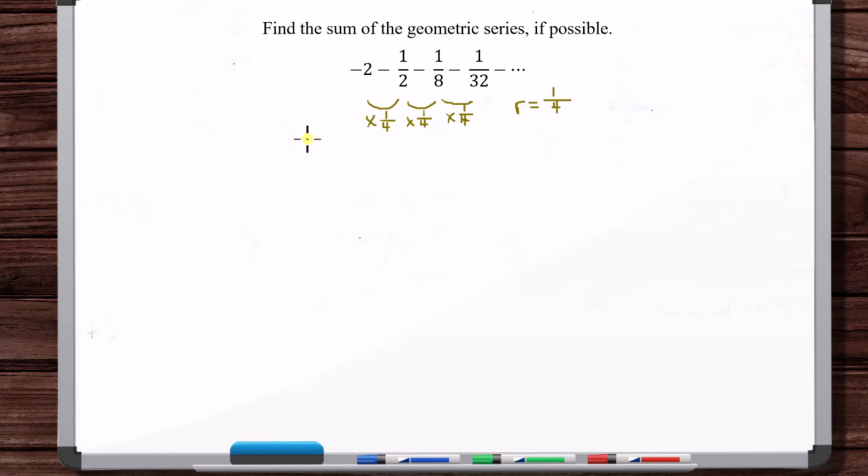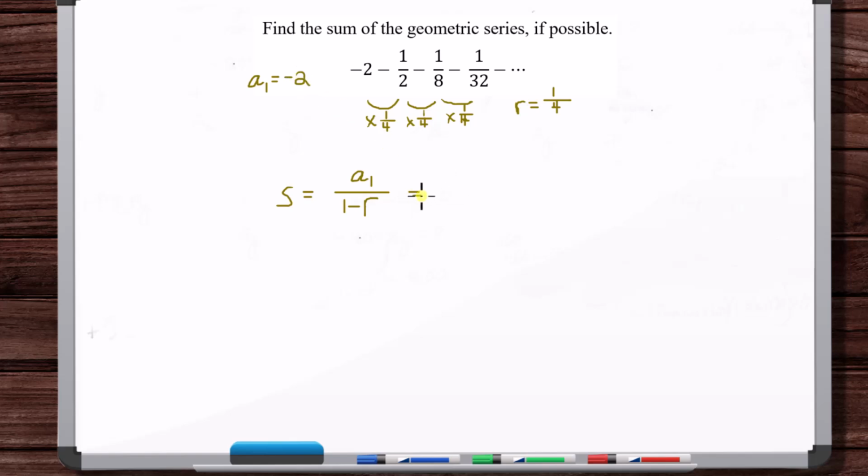And so you can find the sum of this geometric series. So S sub n, or it's not S sub n, it's just S, I don't know why I put n because it's infinite, is a sub 1 over 1 minus r. And we know a sub 1, they give that to us.